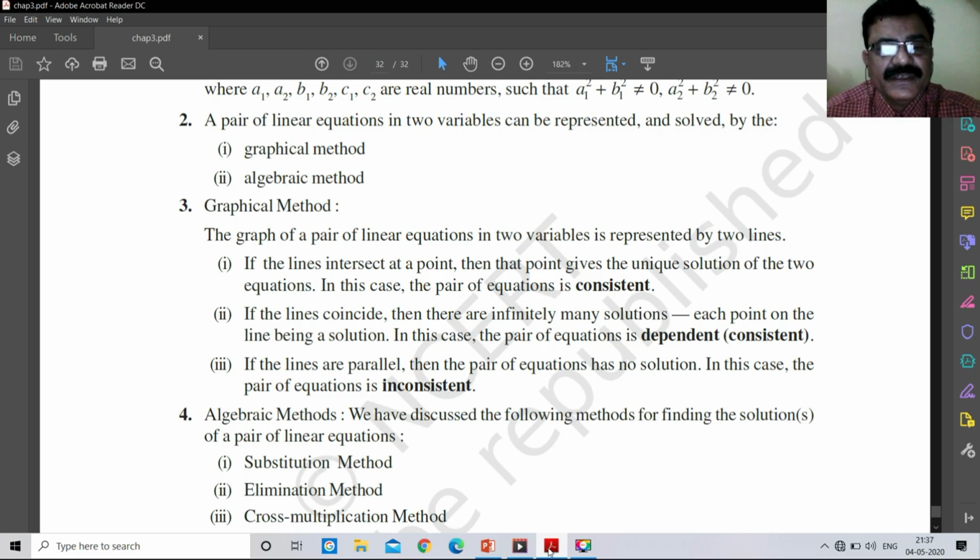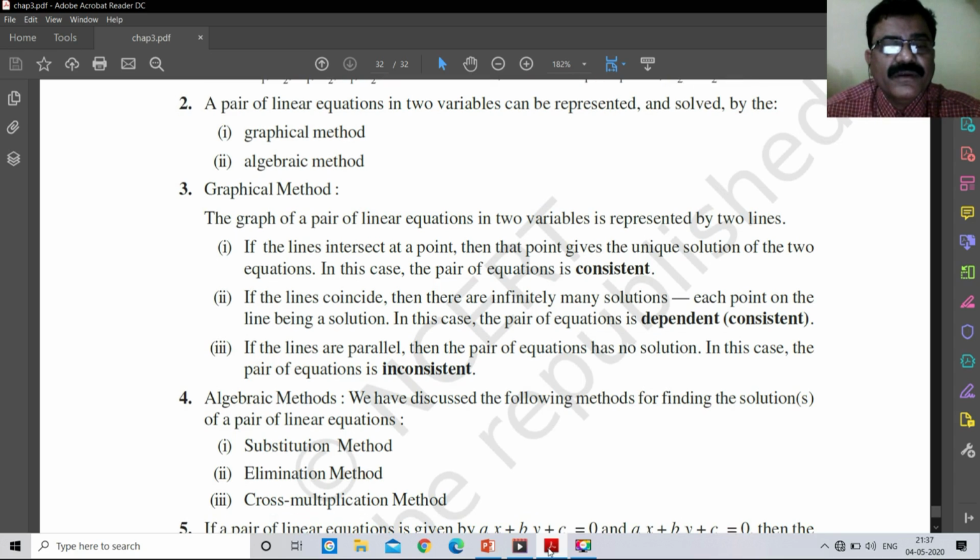Students, we will study these methods in the next part. First is the substitution method, then the elimination method and the cross multiplication method. We already know the substitution method and the elimination method. One new method, the cross multiplication method, we will study later on.